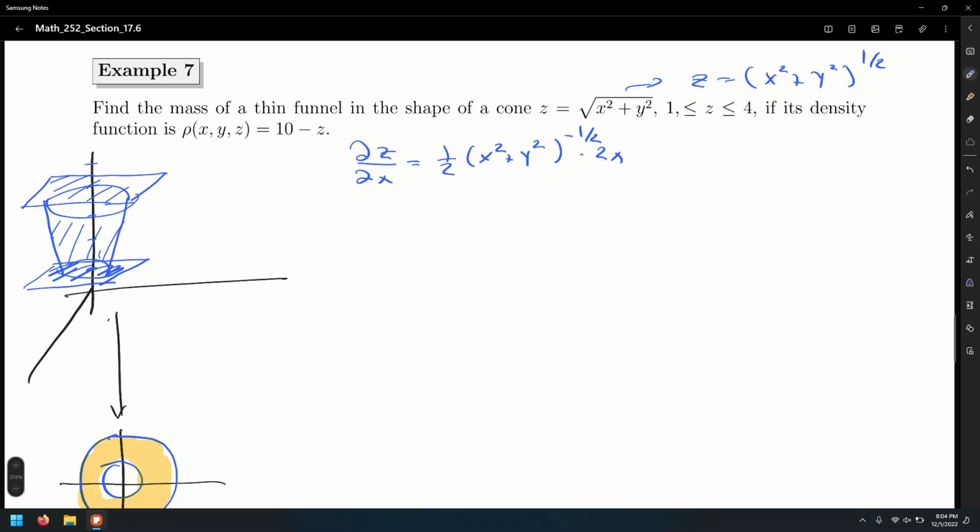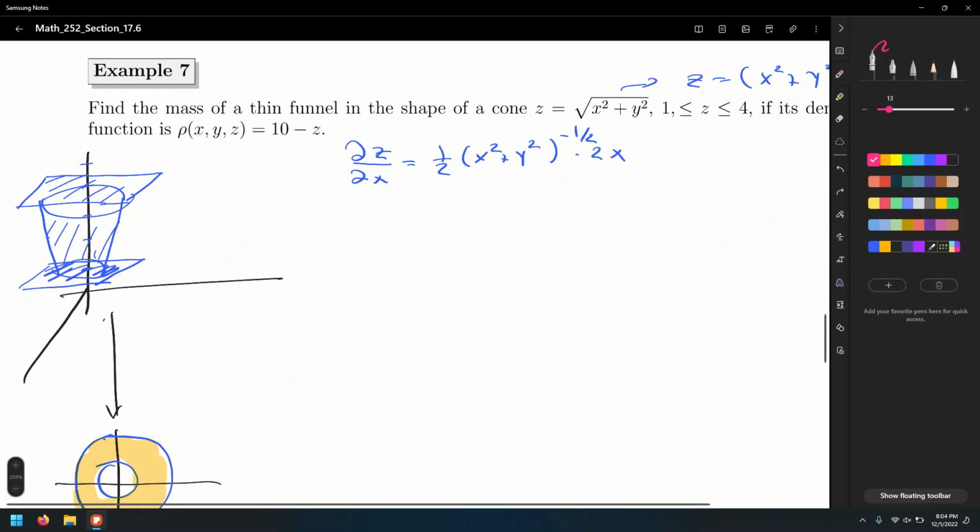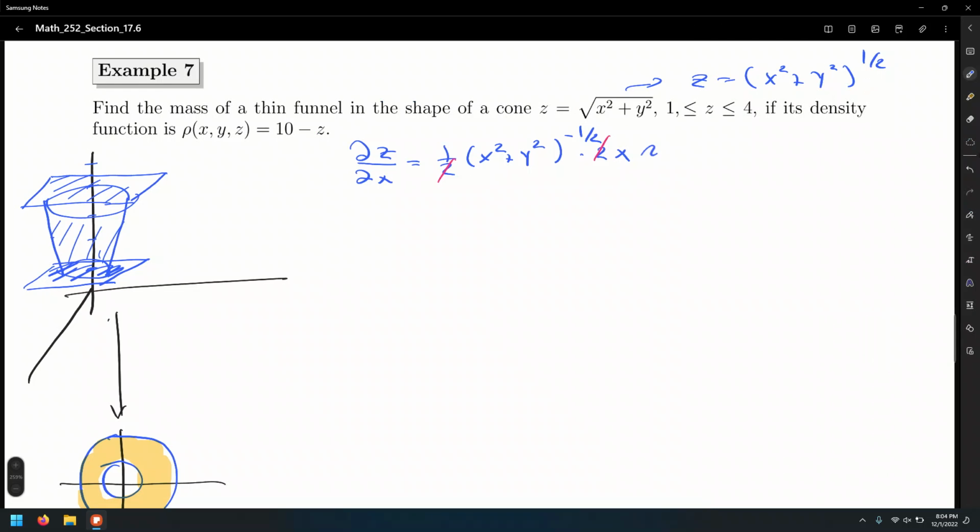We can do a couple of simplifications here, so cancel the 2's, and we can send it to the denominator with positive exponent, x squared plus y squared to the 1/2, which is x over the square root of x squared plus y squared.